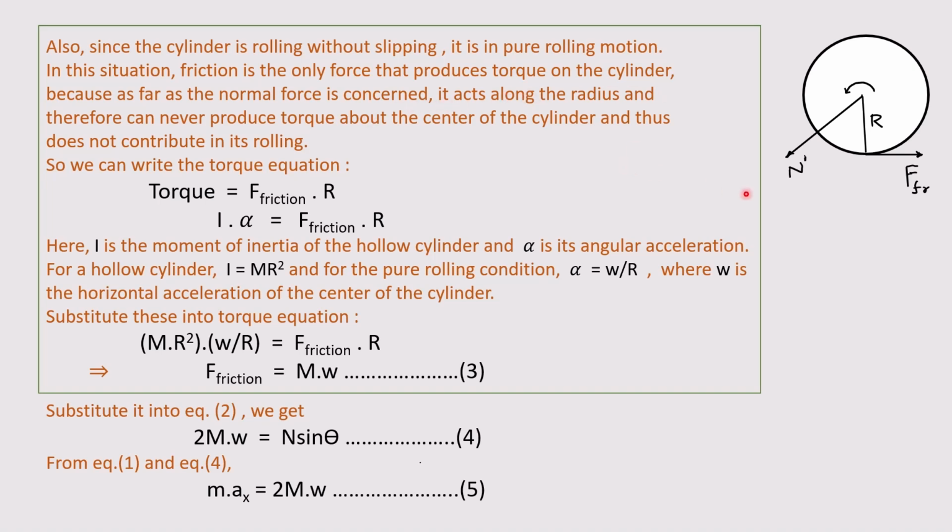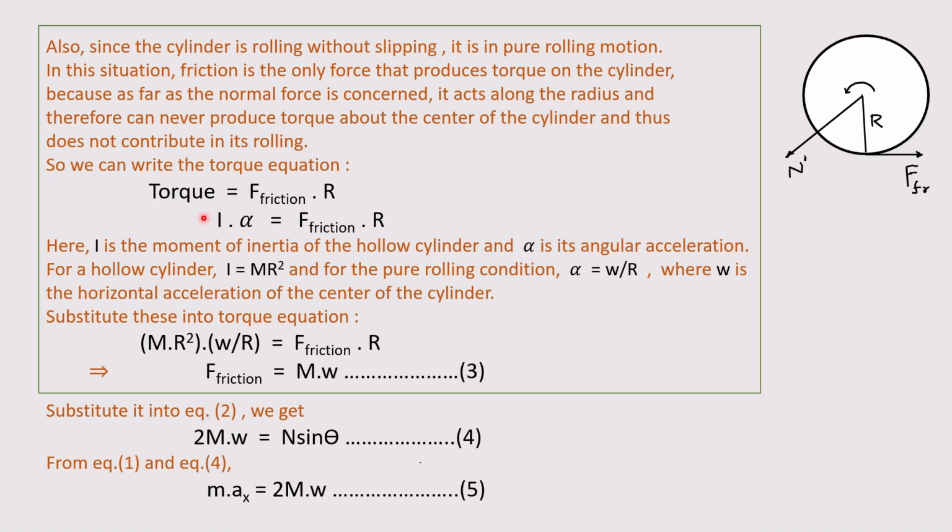As far as this normal force N prime is concerned, it acts along the radius, and therefore it can never produce torque about the center of the cylinder, and thus would not contribute to its rolling. So we can write the torque equation for the rolling condition of the cylinder, that is torque is equal to force of friction into R.